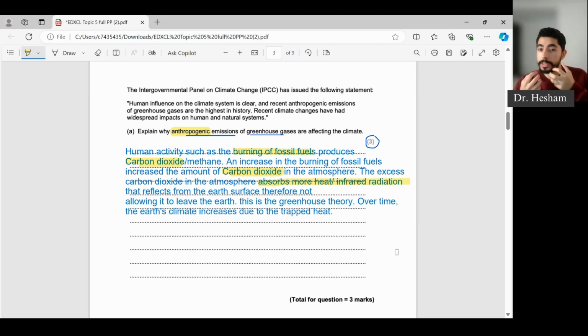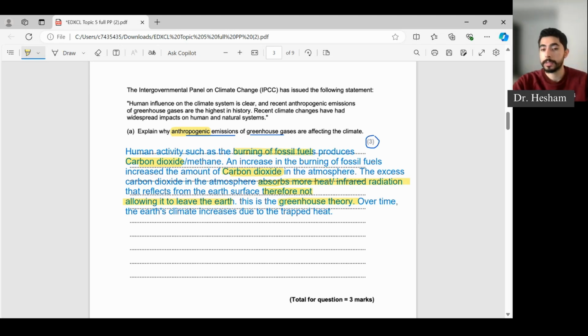So when it absorbs all this heat, it doesn't allow it to exit the earth, it makes it remain in the atmosphere, therefore not allowing it to leave the earth. And this whole concept is called the greenhouse theory. So this is the concept that greenhouse gases, the more they are, the more earth becomes hotter and hotter.